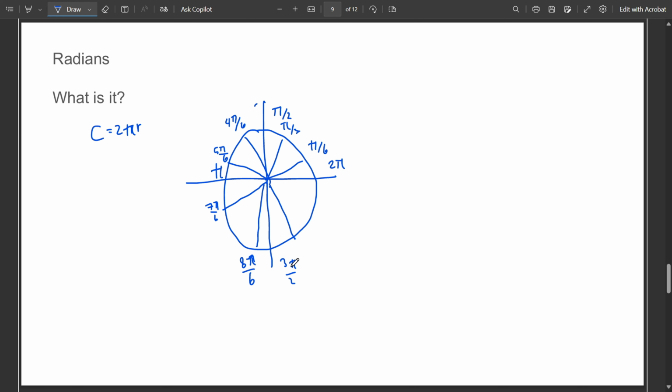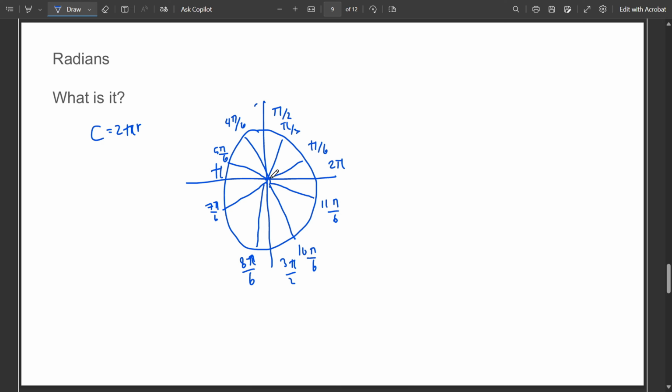Yep. And then 9 pi over 6, and then we have 10 pi over 6, or 5 pi over 3. And then we have here 11 pi over 6.